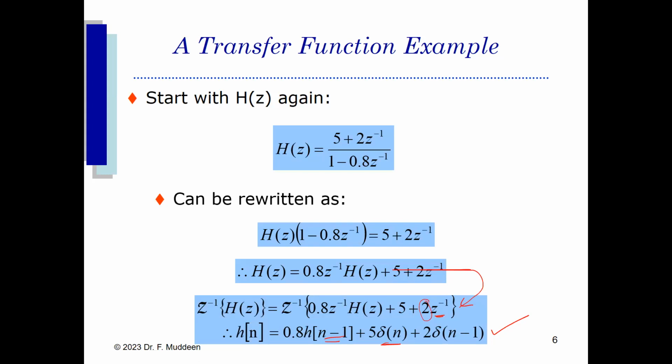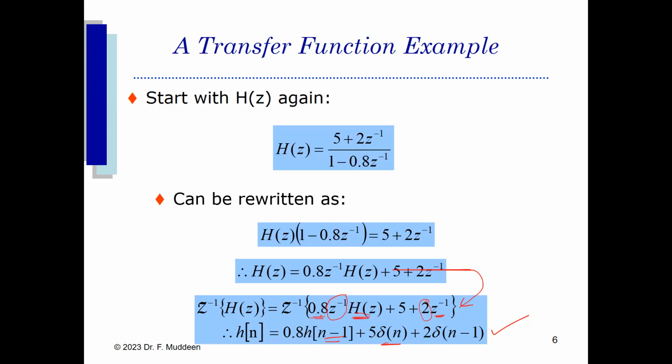That is why we prefer to keep this nomenclature, the negative indices, because every time you see a z^-1, whatever is related to the z^-1, like in this case this or a number, is delayed by 1. If it was z^-2, it would have been h[n minus 2]. Make sense?